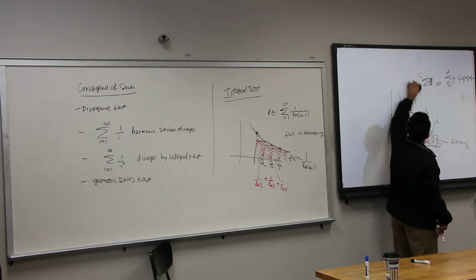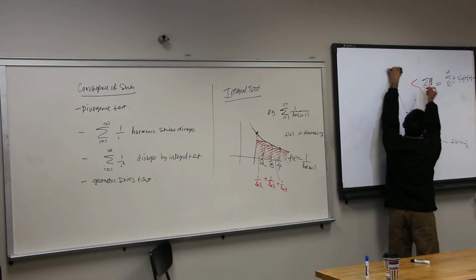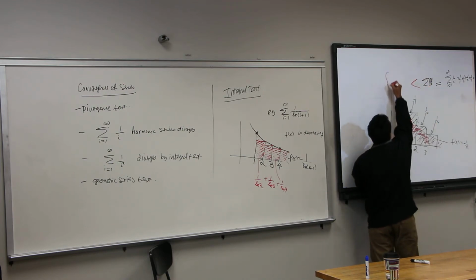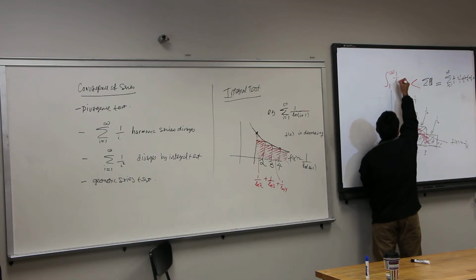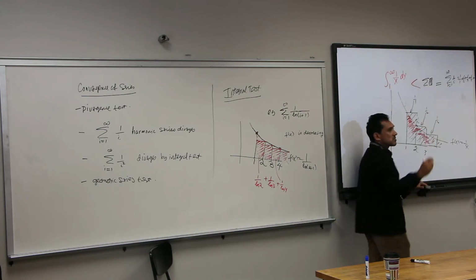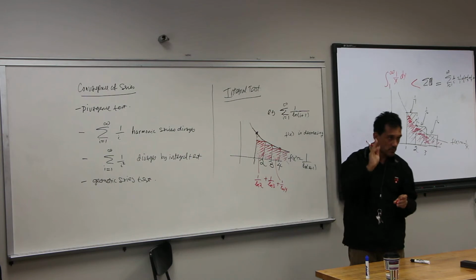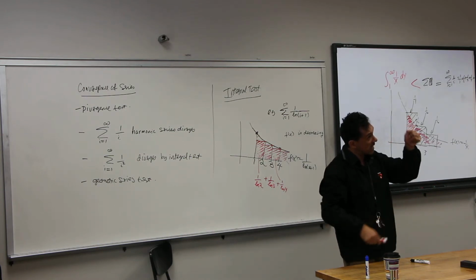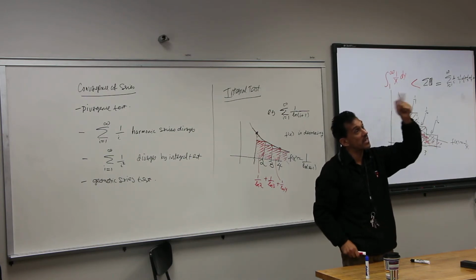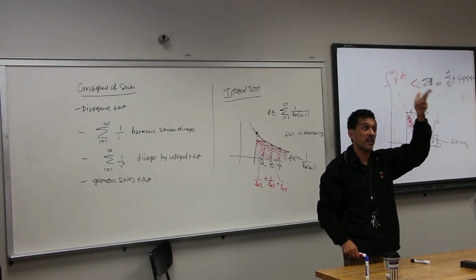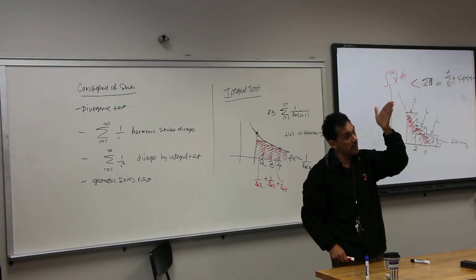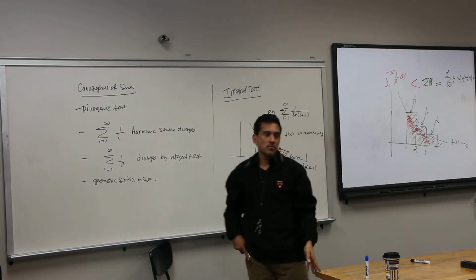What is another way to say this? The integral from 1 to infinity of 1 over x dx. That is what I'm saying. I'm going to show that the area under the curve is finite or infinite, so that I may conclude something about the area above it.